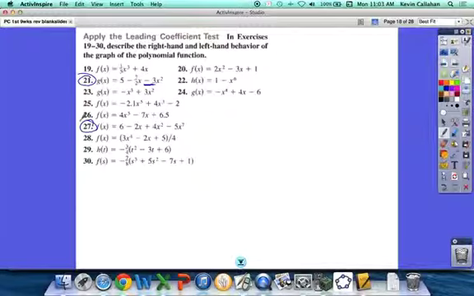So asking what's the end behavior for a 7th degree polynomial is like saying, what's the end behavior of a line, 1st degree, with a negative slope? Describe the behavior. Rises to the left, falls to the right. Same thing. All odd degree functions will behave the same in terms of this end behavior. So you don't have to get worried about the 7th degree.